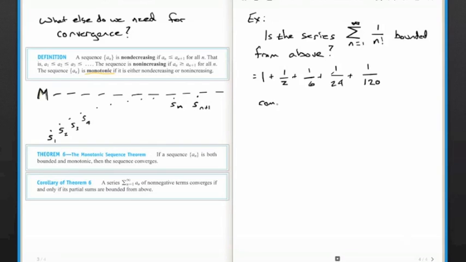So compare to, how about this one? 1 plus 1/2, and so far that's looking pretty similar, plus 1/4 plus 1/8 plus 1/16. This one keeps going on forever. This one keeps going on forever. This one, however, we know is geometric. So let's make a little parenthetical statement here.